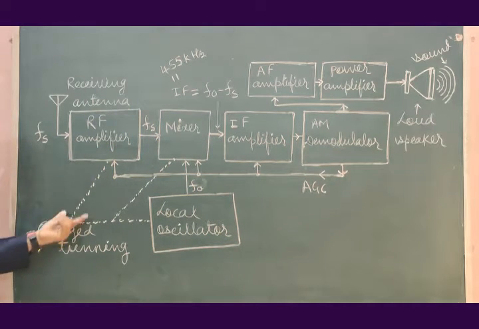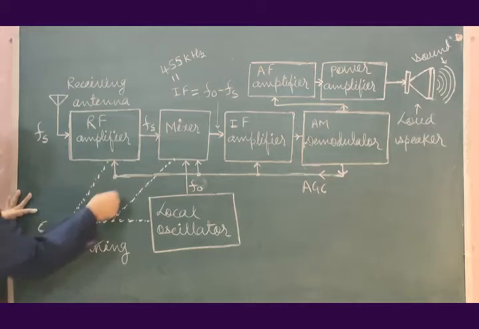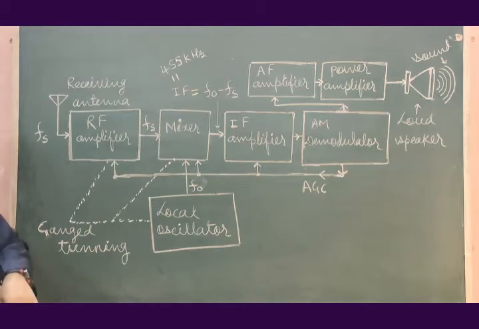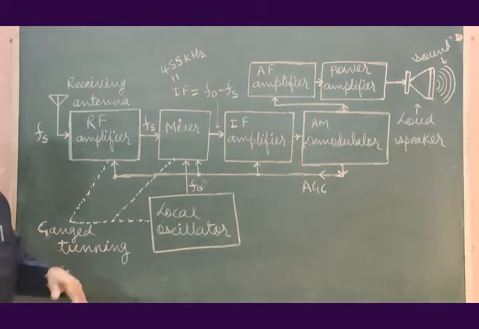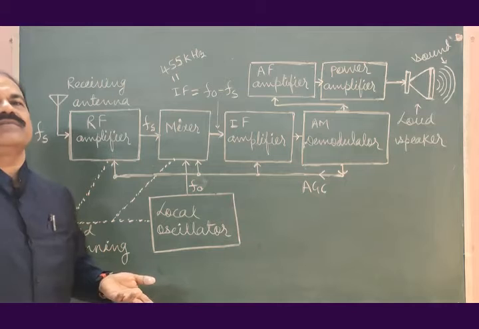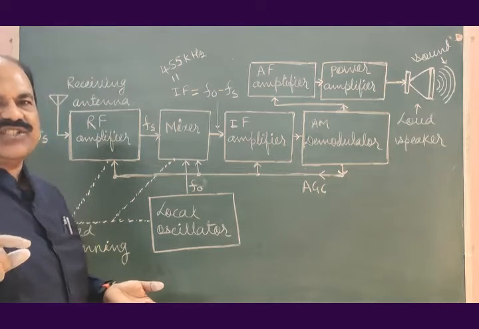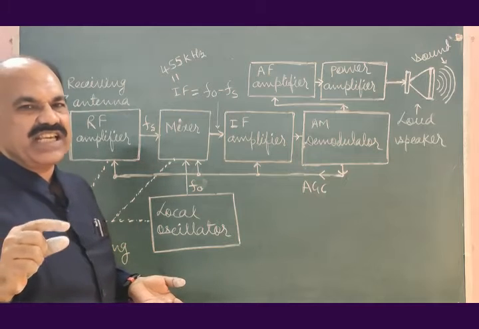Then ganged tuning is shown by the dotted line. A gang of condensers is varied using a single knob.